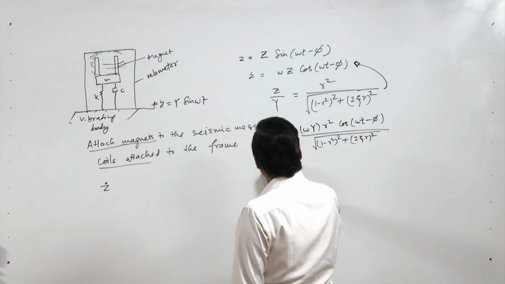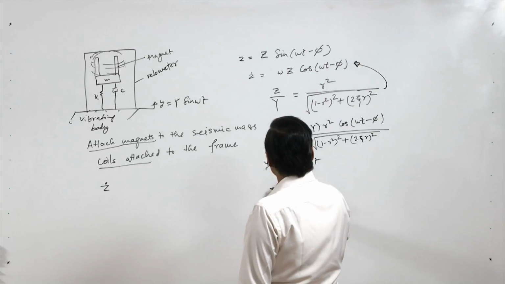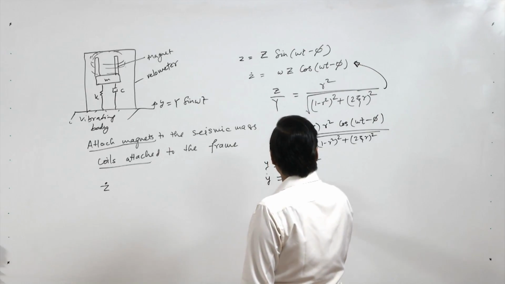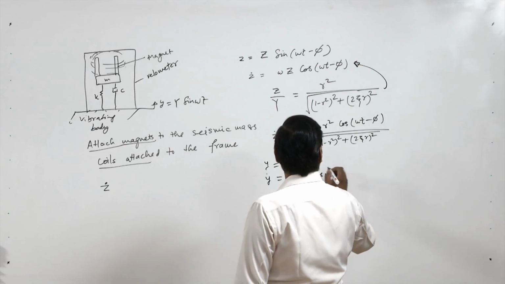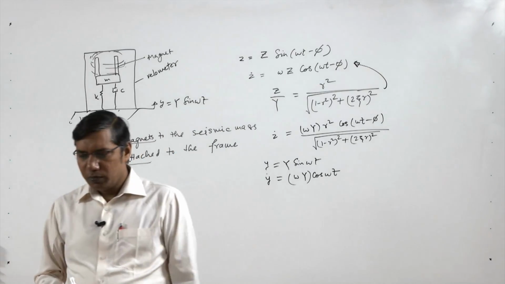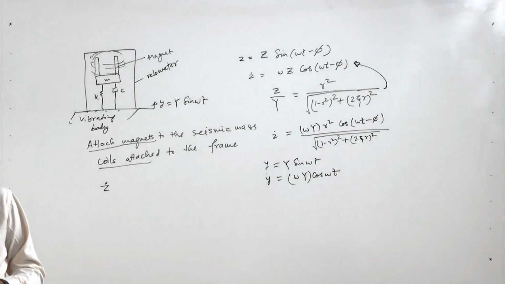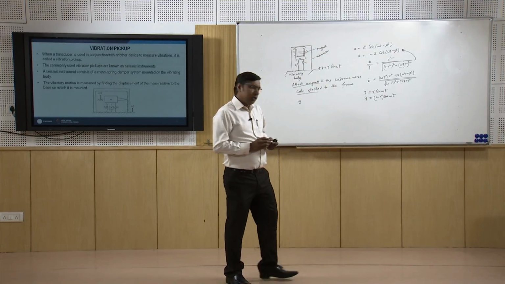Now if we have y equal to Y sin omega t, what is y dot? y dot equals omega Y cos omega t. So omega into Y is the amplitude of the velocity response of the vibrating body.